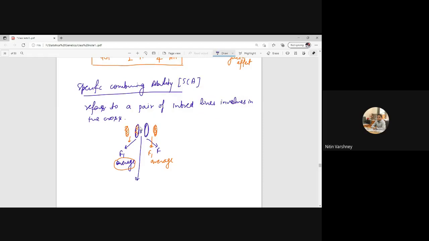So individually, it indicates the cases in which certain combinations do relatively better or worse than would be expected on the basis of average performance of the two lines involved in the cross. So we will check here also F1 will come. So we will compare all the effects and we will say whether this combination is performing better or not.